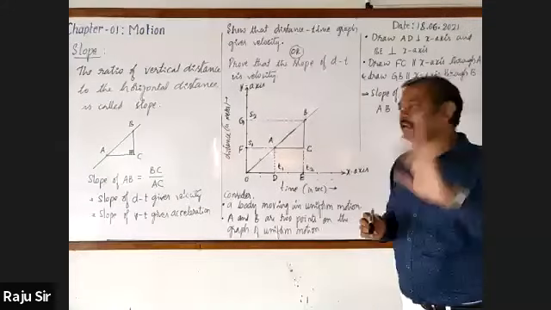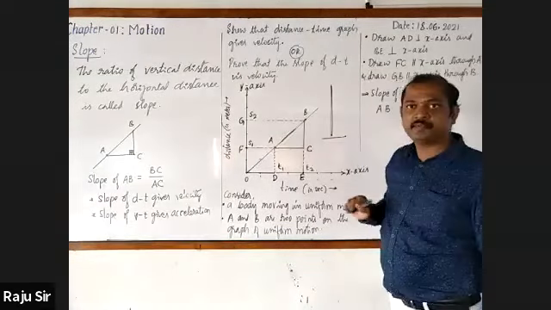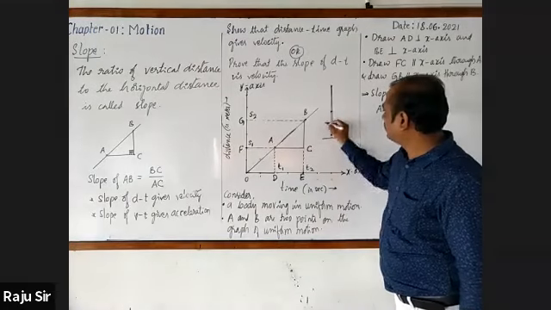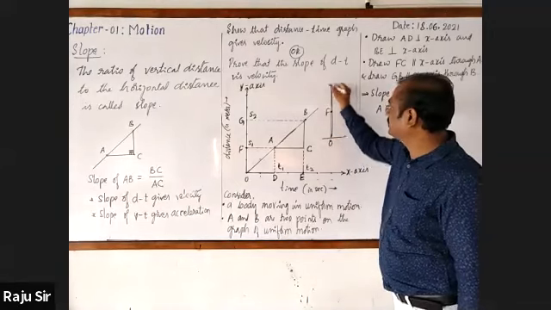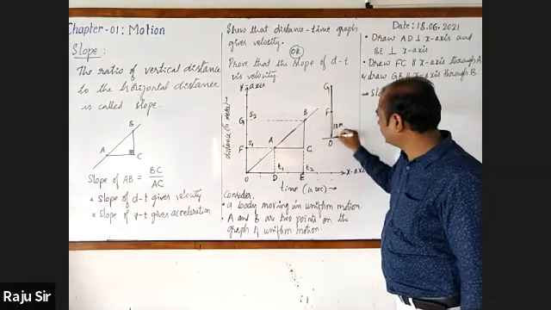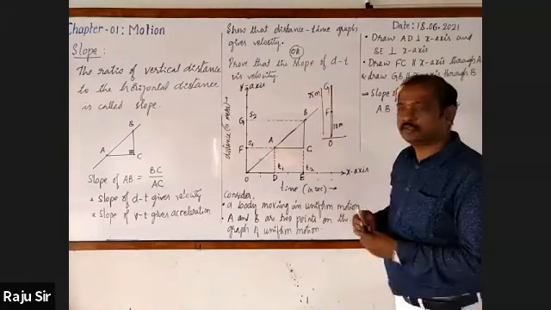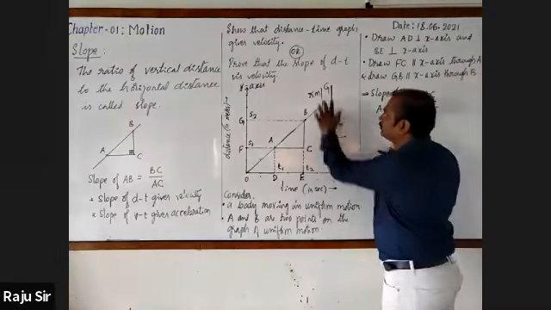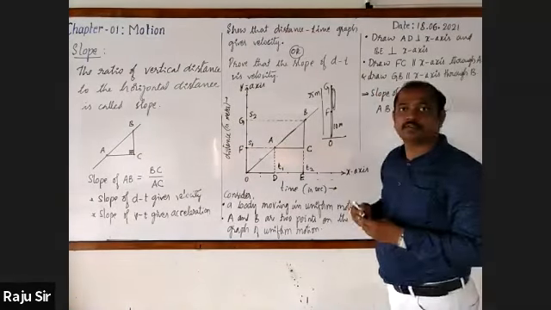Look here, I will tell you in general. Here is a line. From here to this, I take this point as O, F, G. This is 10 meter from here to here, and from here to here it is 25 meter. O to F is 10 meter, O to G is 25 meter. I want the distance from G to F. What is the distance from G to F? 15 meter.